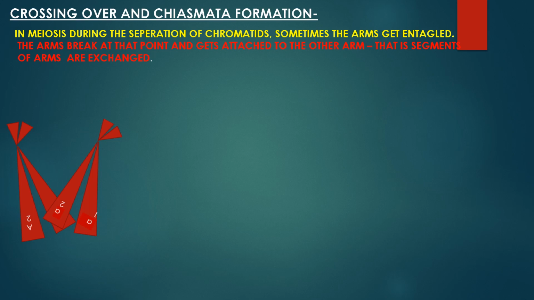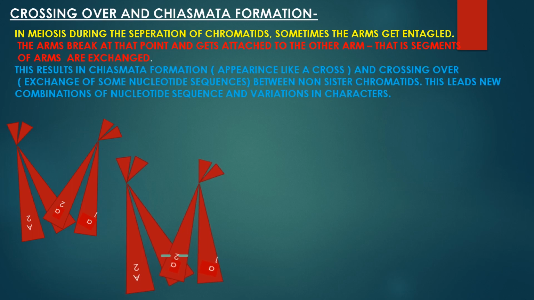But if you compare capital A1 and small a1, they are called non-sister chromatids. They belong to the same pair of homologous chromosomes, but they are formed from 2 different partners of that pair. So they are called non-sister chromatids. So in meiosis, sometimes the arms get entangled. The arms break at the point where they are in contact with each other.